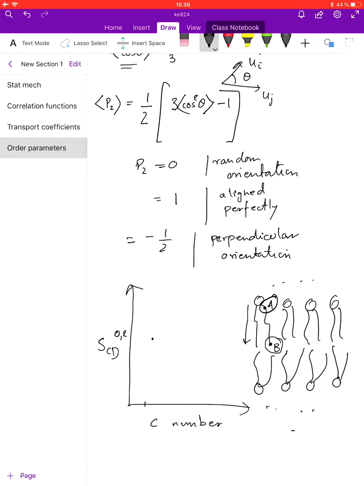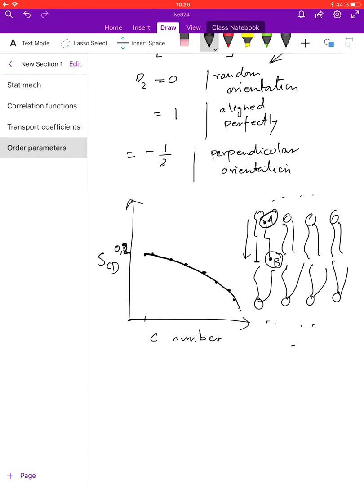And as you go towards the center of the bilayer, there is more and more conformational freedom. So SCD approaches 0 as shown here. Of course, there will be 16 or 18 points because each lipid typically has 16 or 18 carbon atoms. So this is what the order parameter profile looks like for a typical lipid in a fluid membrane.